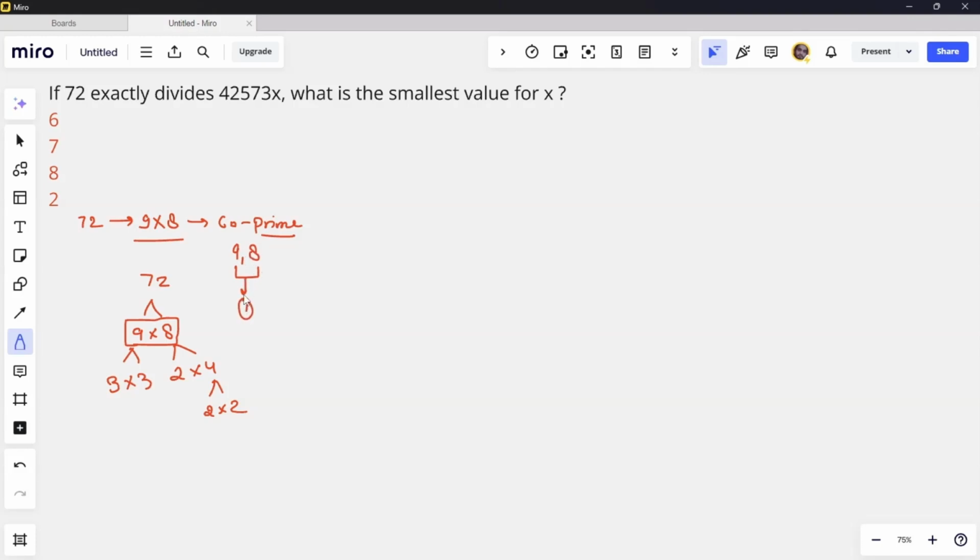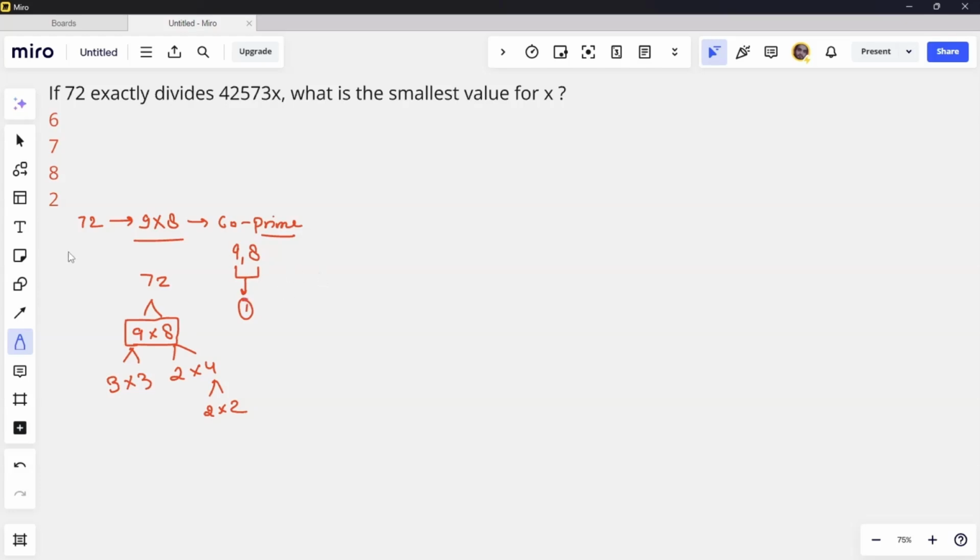If the common factor of two such numbers is only 1, then both numbers will be a co-prime pair.